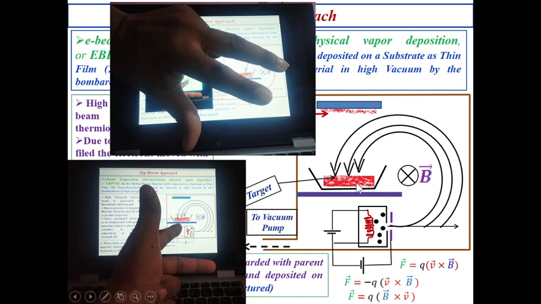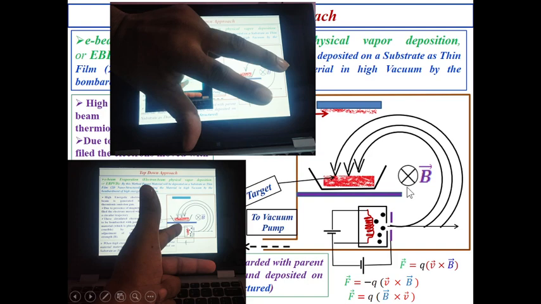However, we consider the negative charge particles, that is, electrons. That means the force is written as minus q v cross B, or F equals q into v cross B, velocity cross magnetic field. So here you can see, now we are going to change the direction of the magnetic field towards the outward.